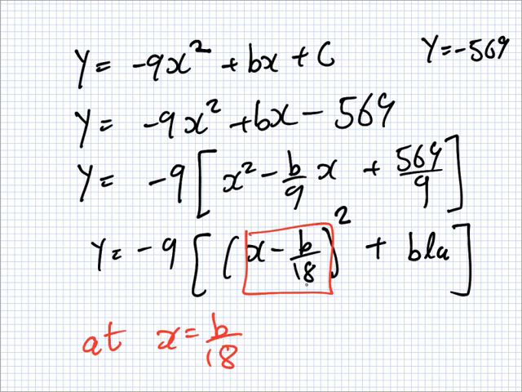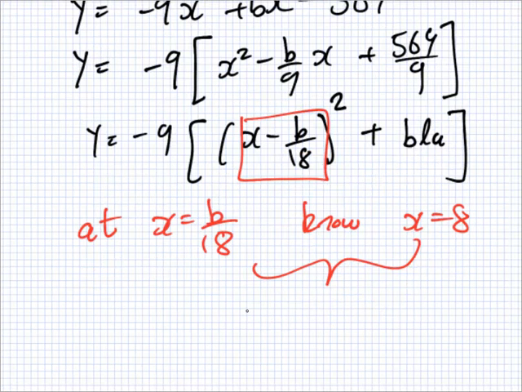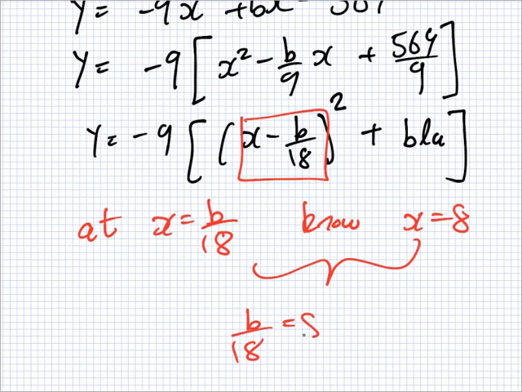But I tell you that happens when x is 8. So by combining these two, b over 18 should equal 8, which means b is 144, 18 times 8.